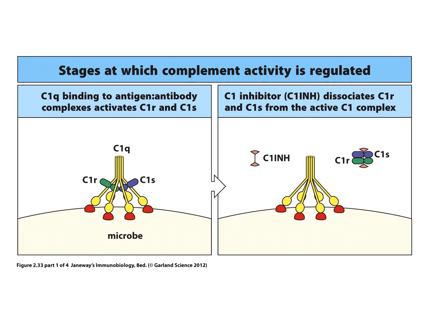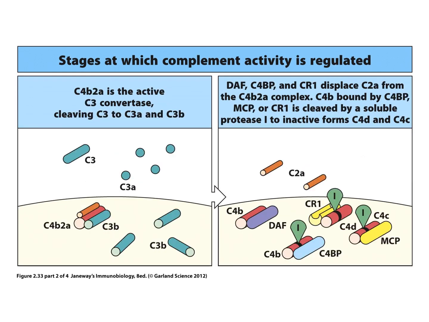So you see here, C1 inhibitor goes through, removes C1r, C1s. So you have the C1q still bound, but C1q does nothing. You can end up with the DAF, C4 binding protein, CR1, factor I can get in there and interfere with the alternate pathway.